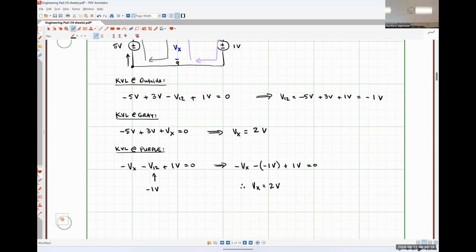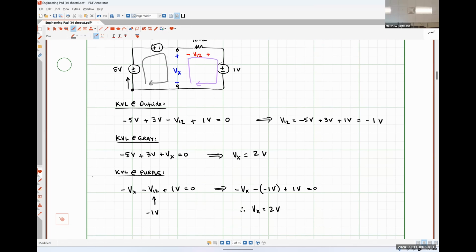So just to recap things here, when I'm applying Kirchhoff's voltage law, all I'm doing is adding together voltage drops. Current does not make any difference whatsoever. As long as I can define a voltage drop between 2 points in a circuit, I can apply a KVL loop and figure out what that voltage is.